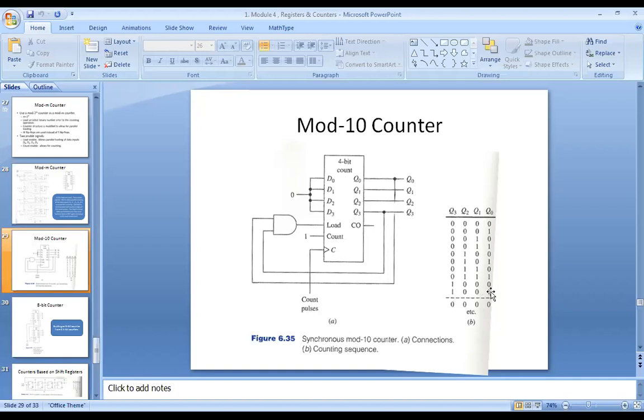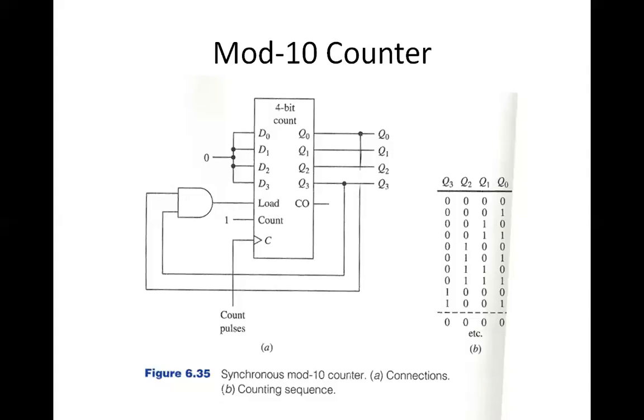Because we do not have Q3 and Q0 both 1 anywhere else. This is the only state where both Q3 and Q0 are high. In the other states, one of them is low and the other is high.